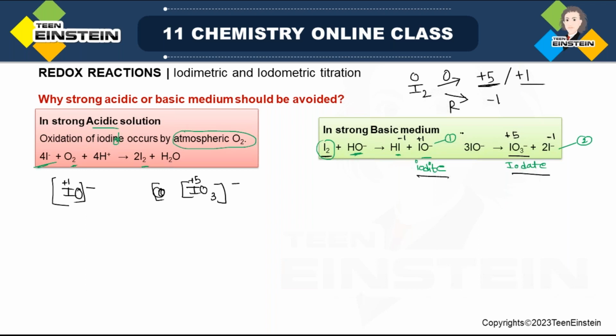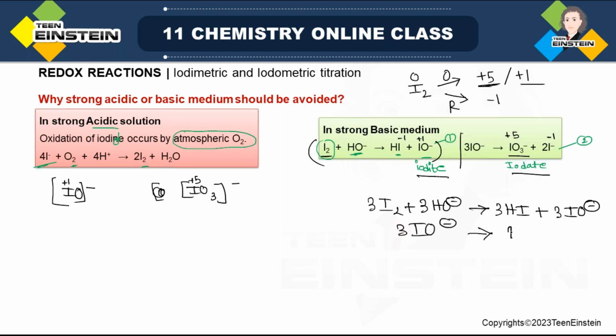So see here, for the second reaction, 3 IO minus. If I multiply this equation with 3, it will be 3 iodine, 3 HO minus, 3 HI, 3 IO minus. Now I am writing the other equation without multiplying anything.